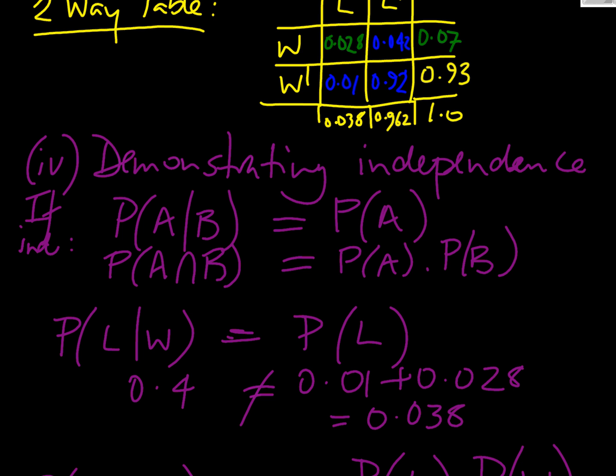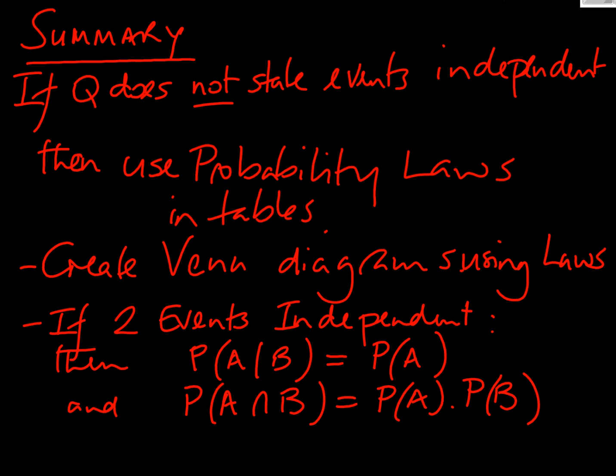Okay, here's my quick summary at the end. Just look at the question. If the question does not state that events are independent, then use the probability laws and tables to calculate your figures, create a Venn diagram using those laws and complete it.